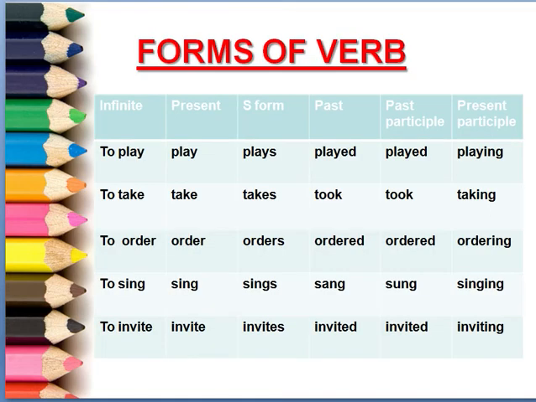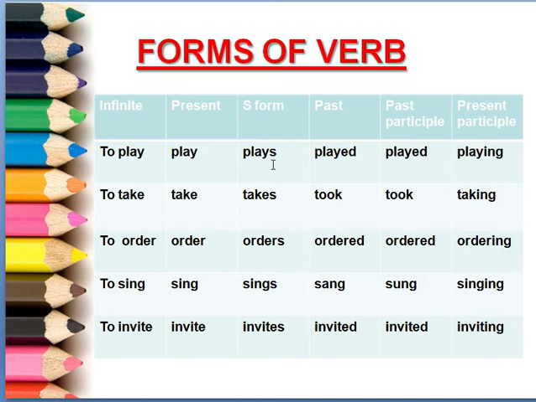Forms of verbs. The main verb or present verb is changed to form 5 other forms of verbs. The 6 forms of verbs tell us the different times of action: infinitive, present, s form, past, past participle, and present participle. To play, play, plays, played, played, playing. To take, take, takes, with the s form.